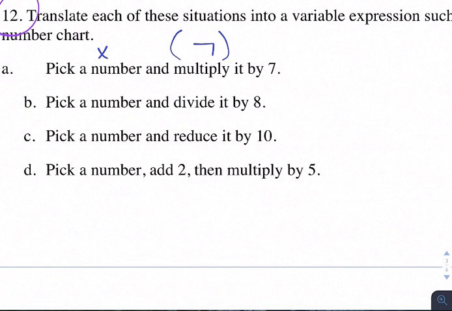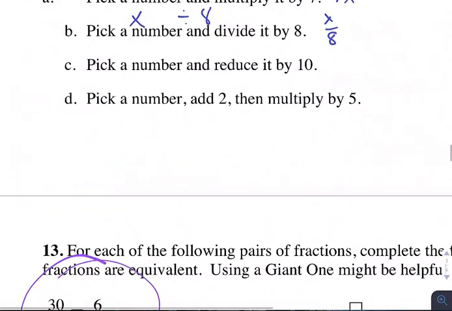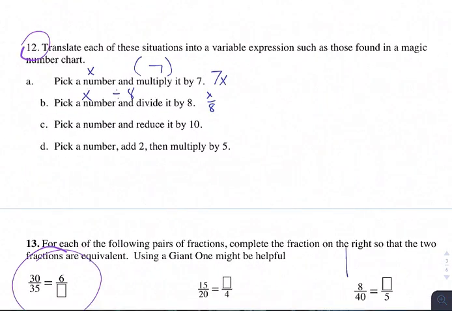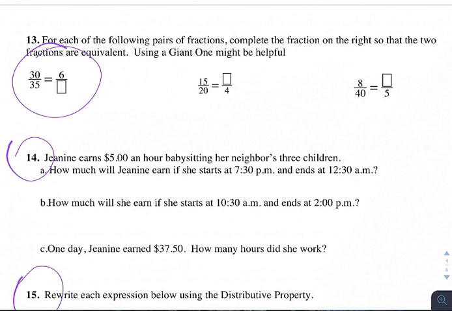So this would be x times 7 or 7x. Says pick a number. We're just going to do this one. Pick a number, x divided by 8. So this becomes x over 8. All right, the rest of those you can do. Those are just a couple examples.